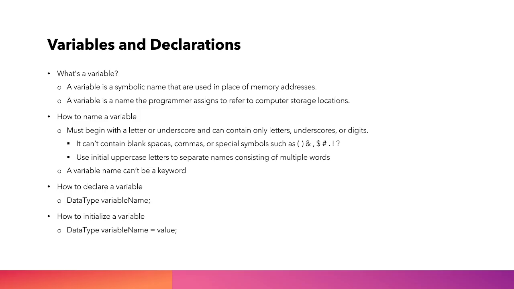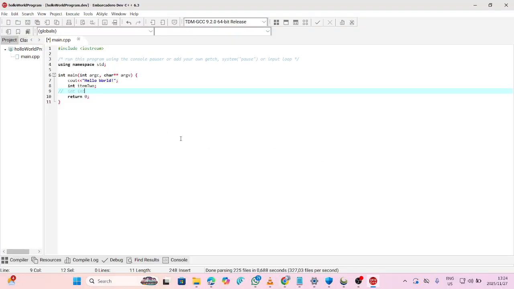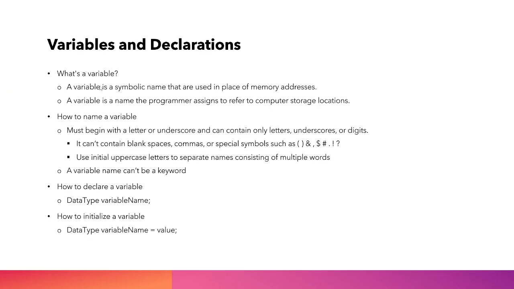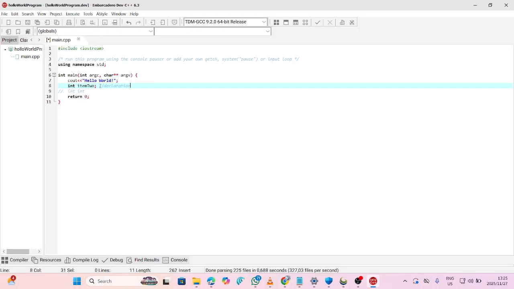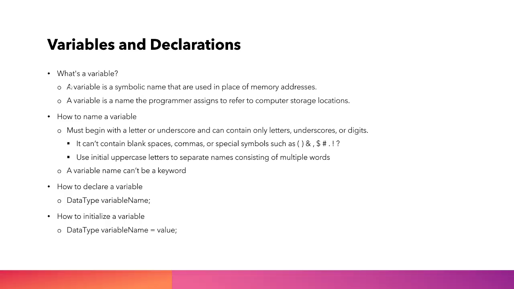Okay, how to declare a variable? I just declared a variable here, of type integer, and I just say int item2. That's a declaration. That's how we declare a variable. Simple as that. I tried to show you guys how to declare a variable: a data type, which here is integer, int, and a variable name.